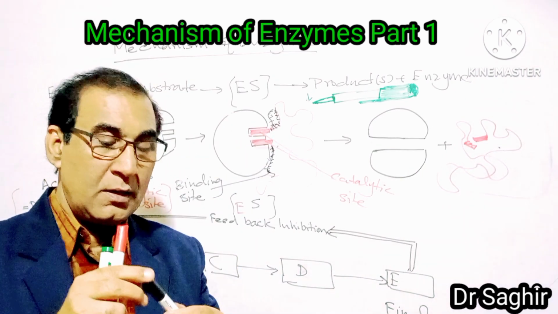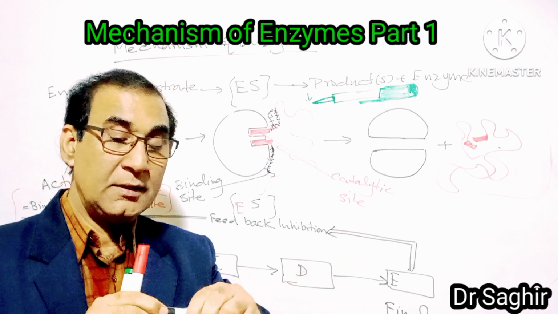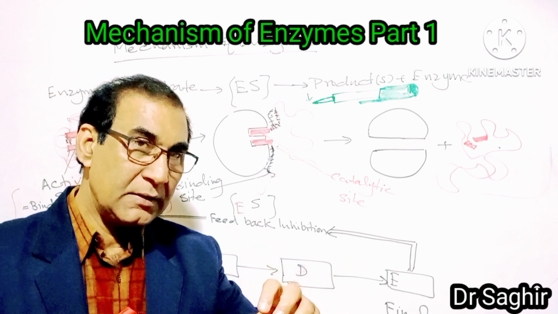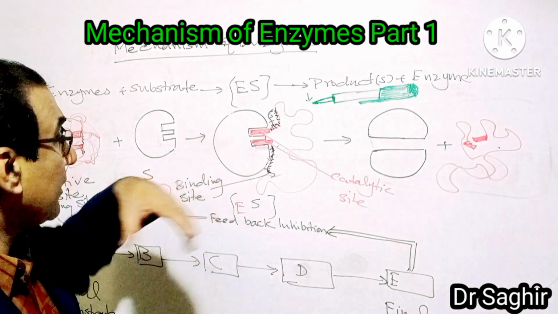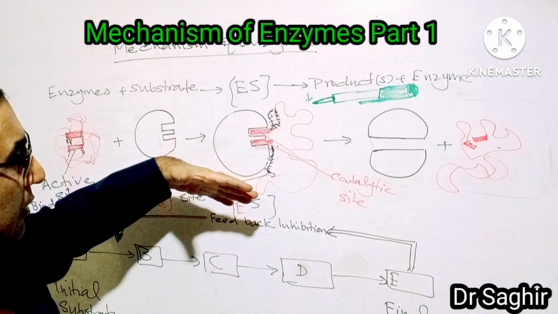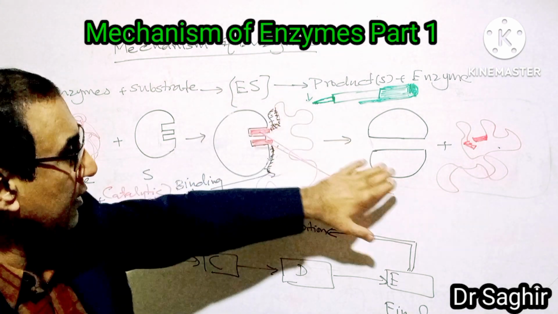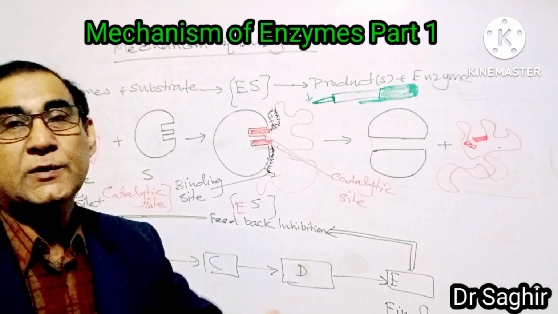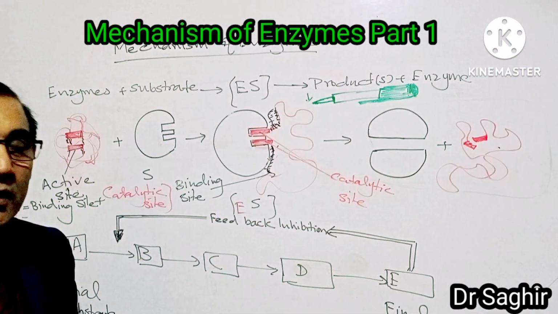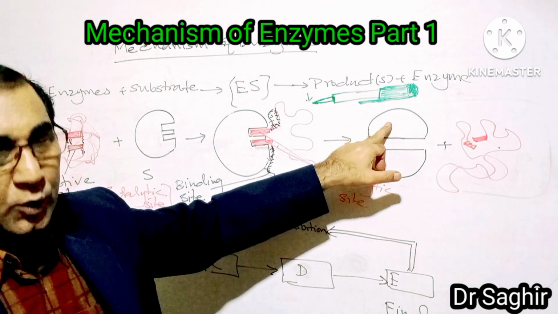As they bind, that is the catalytic activity. Here the catalytic activity of the enzyme is breaking. It has cleaved this substrate into two parts. Let us suppose this were maltose. This would be a glucose molecule, and this would be a glucose molecule.